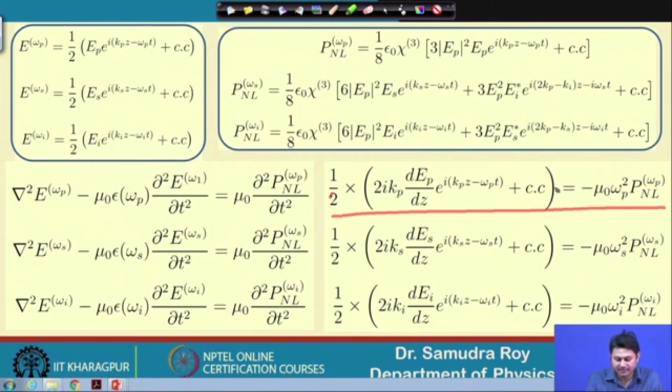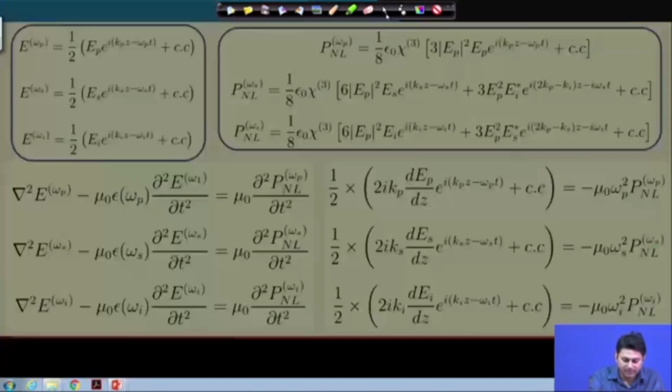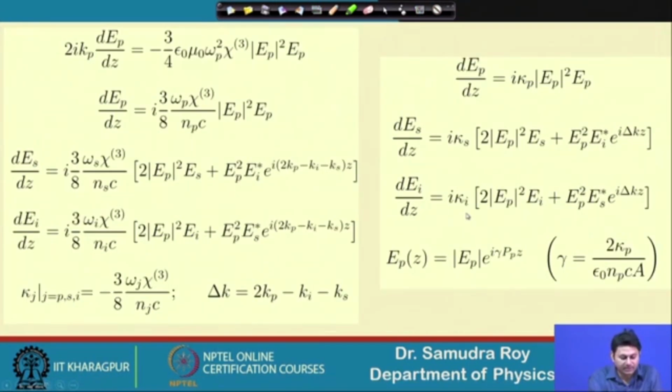So, this half term will cancel out with P nonlinear omega p, which is this. So, we have a 1 by 4 term here, and eventually you have a 3 by 4 term here. If you look carefully, we are getting a 3 by 4 term with a negative sign, mu 0 epsilon 0 omega p square chi 3 as usual, and apart from that we have Ep square, Ep mod square Ep.